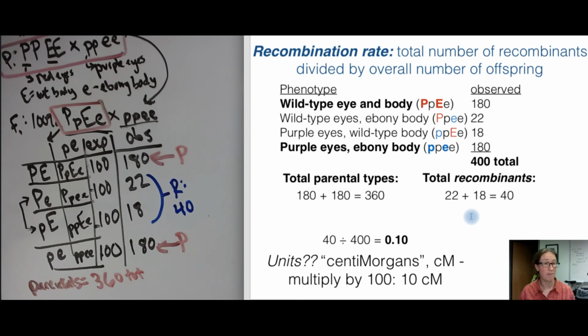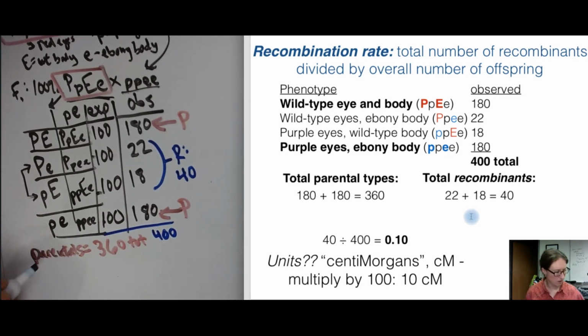So the recombination rate is then the total number of recombinants divided by the overall number of offspring. So we have 400 offspring total. So our recombinants are 40 out of 400 offspring.